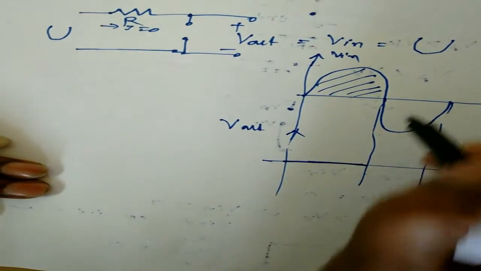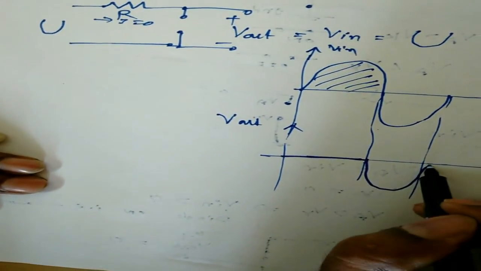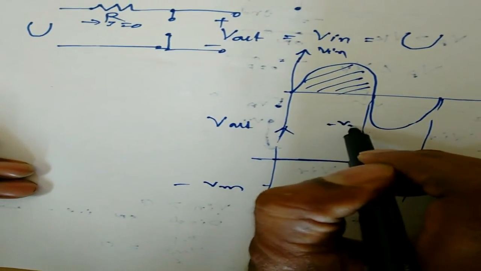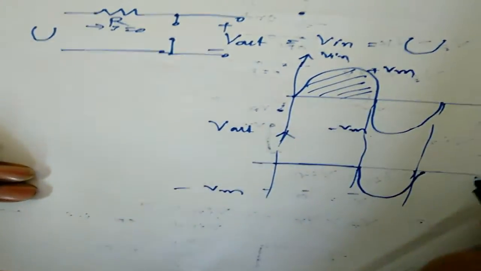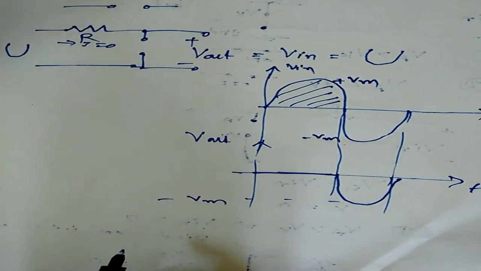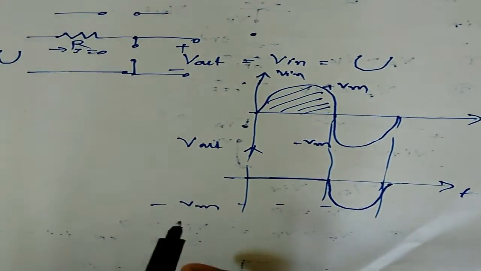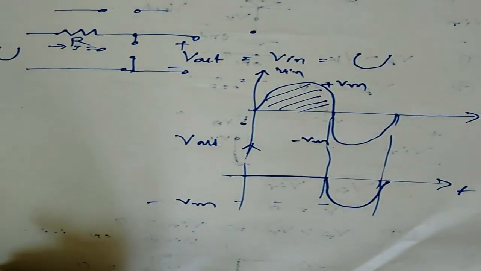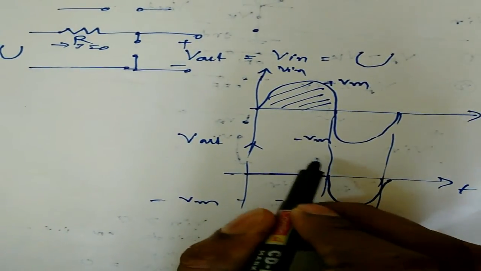For the negative half cycle we got the full negative half cycle, that is minus Vm, this minus Vm, plus Vm. As simple as that. If we know these two blind rules, you can draw the waveforms for any given circuit having some diodes. So this is about the positive clipper, which clips the whole positive half cycle.